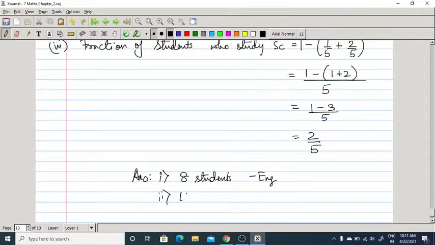Second answer was 16 students who study maths. And the third answer was 2/5 of the class studies science. This is your final answer.